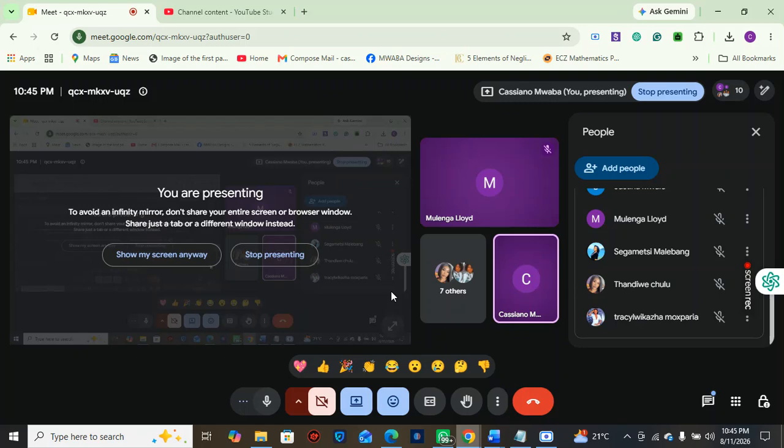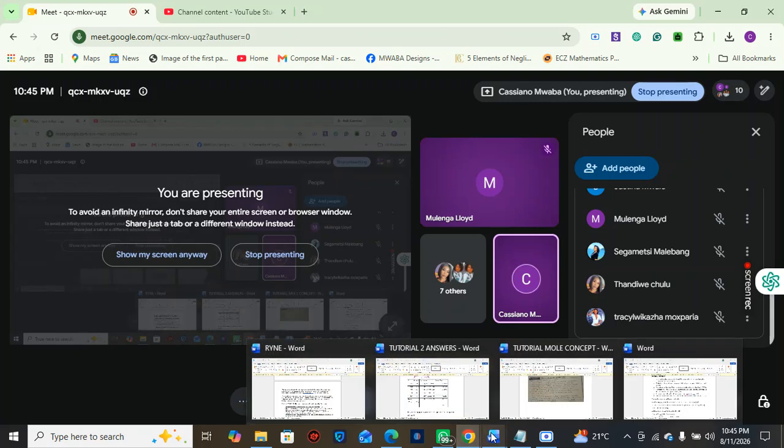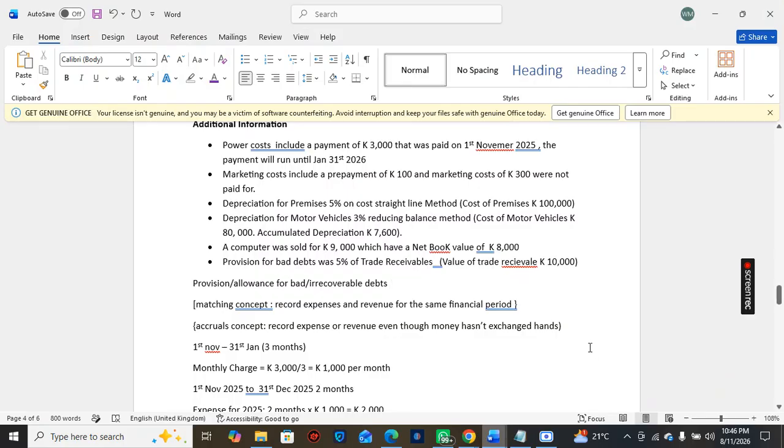That's what this provision for doubtful debts or allowance for irrecoverable debts is. We're just estimating the money we might not receive from our trade receivables. So this is a contra asset account because this same provision needs to be deducted from the trade receivables.